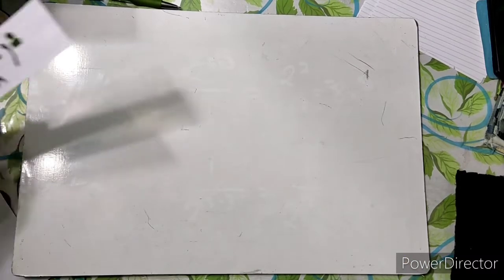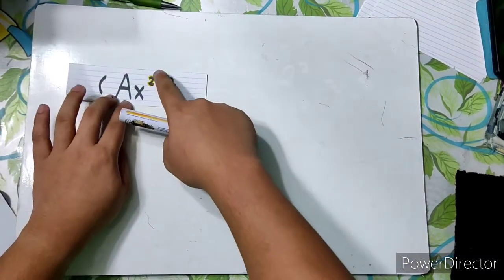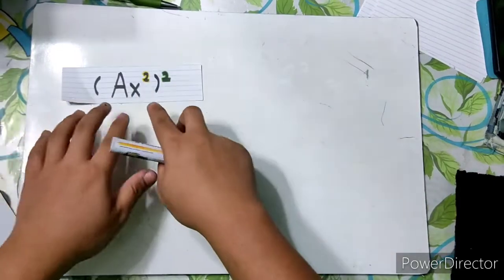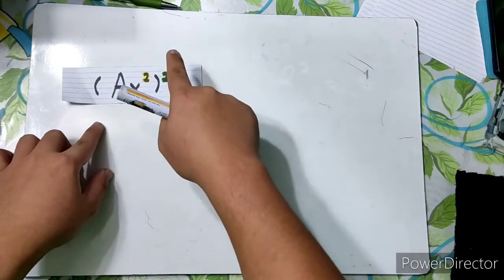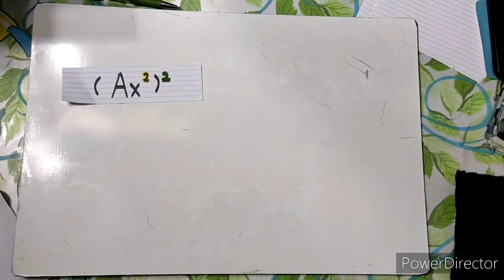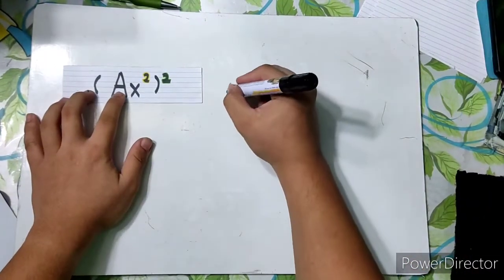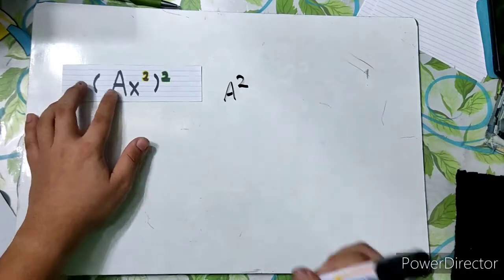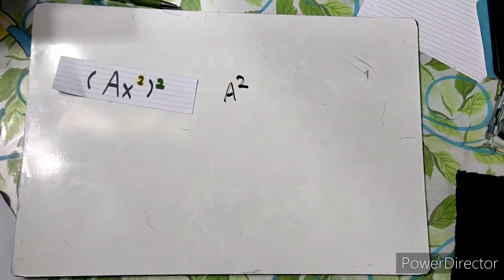So here we have an example. A x squared that is raised to another 2. So first is we just distribute the exponent. So a raised to 2. And that will make the inner exponents be multiplied to that number.